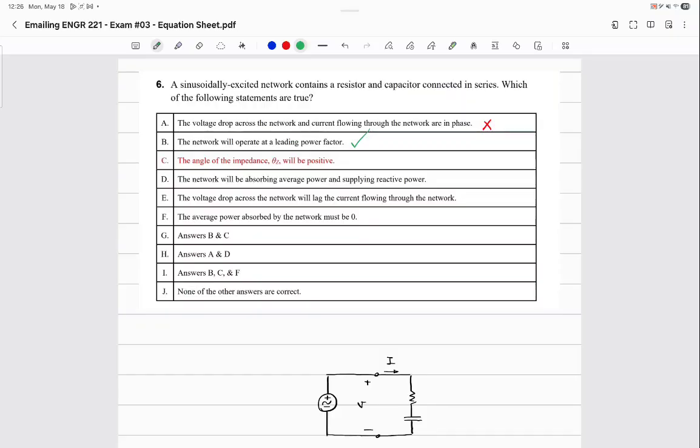Third, the angle of the impedance will be positive. False. The impedance would be a negative angle, which would then just be capacitive. Yeah.